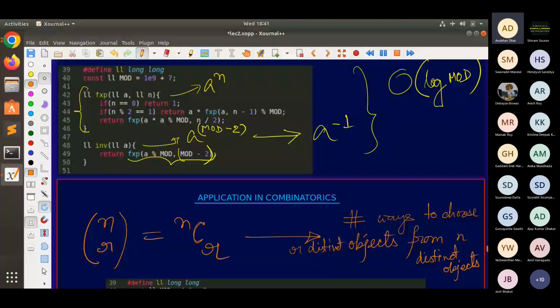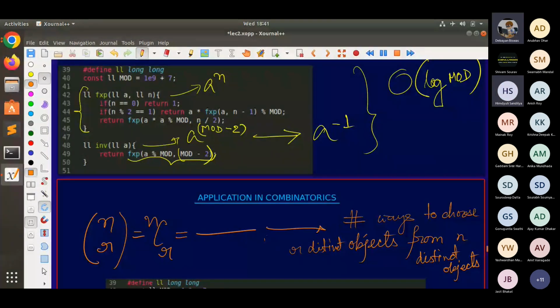And can someone tell me the formula for nCr, or n choose r? It is n factorial divided by r factorial times n minus r factorial.